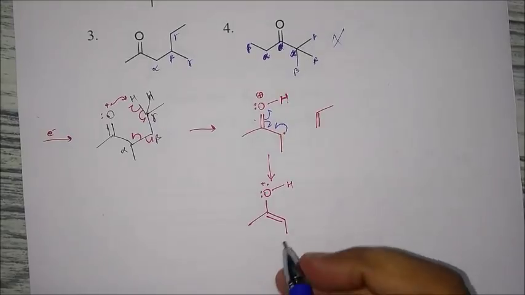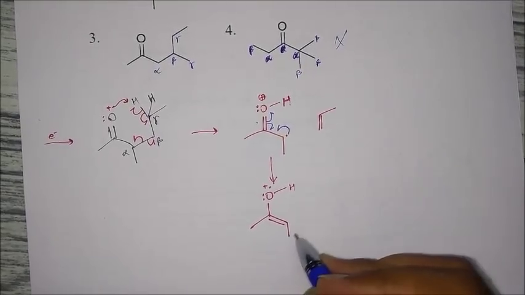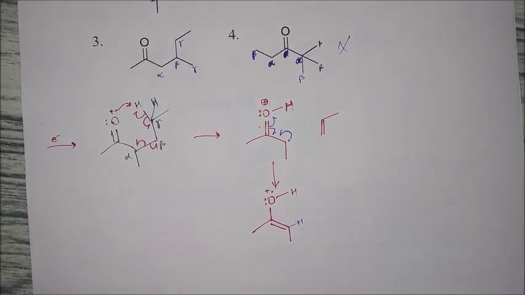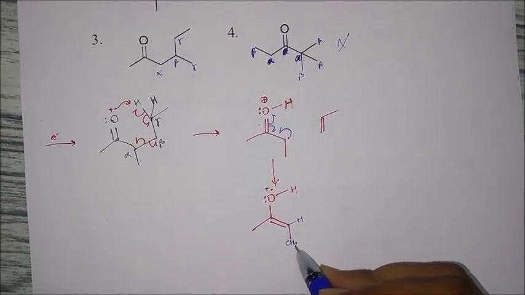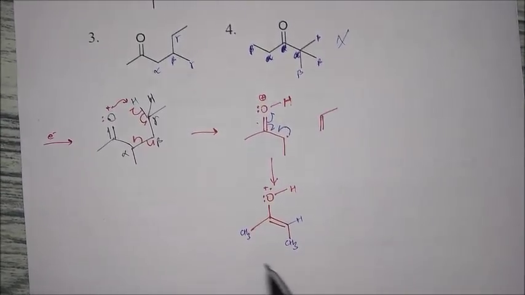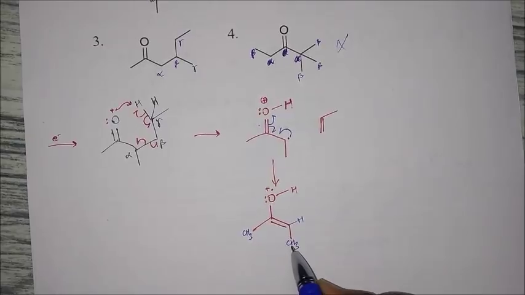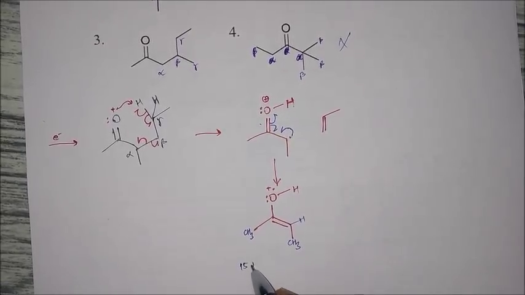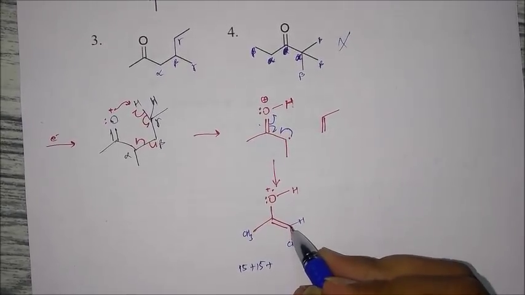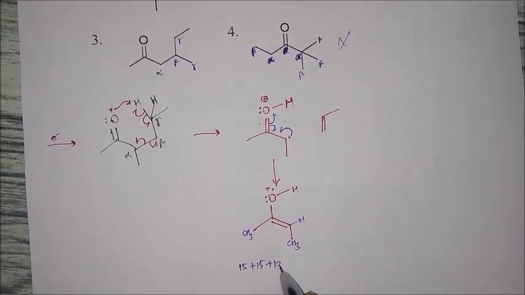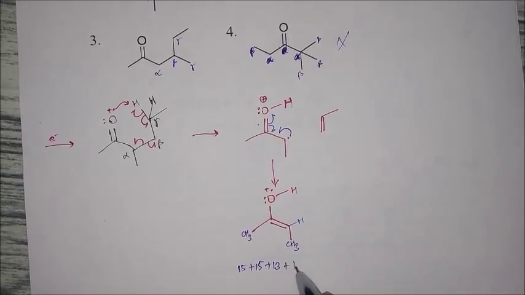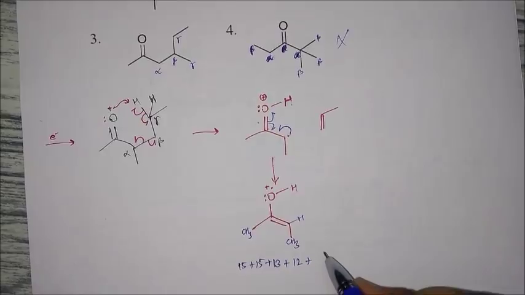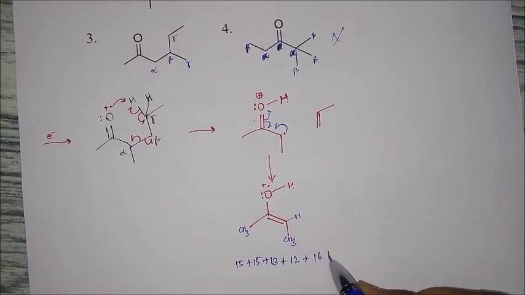If you check the molecular mass of this, see how many protons are here. One proton is here also. So this is basically CH3, this is CH3. Okay, so CH3 means 15, this is also 15. 15 plus 15, plus 1 carbon, that is 12, plus 1, that is 13. This is 1 carbon, that is plus 12. 1 oxygen, oxygen is how much? 16 plus 1.